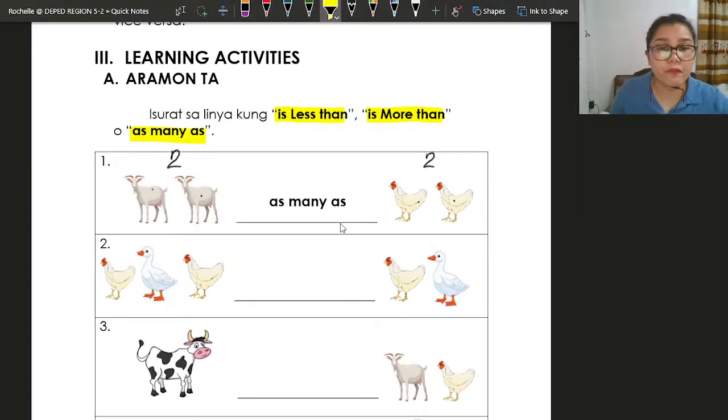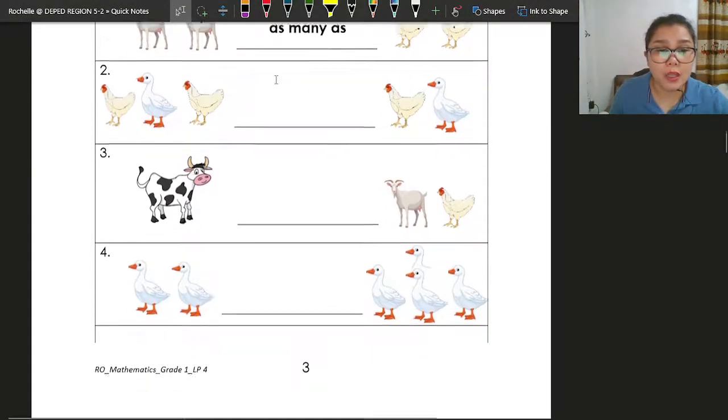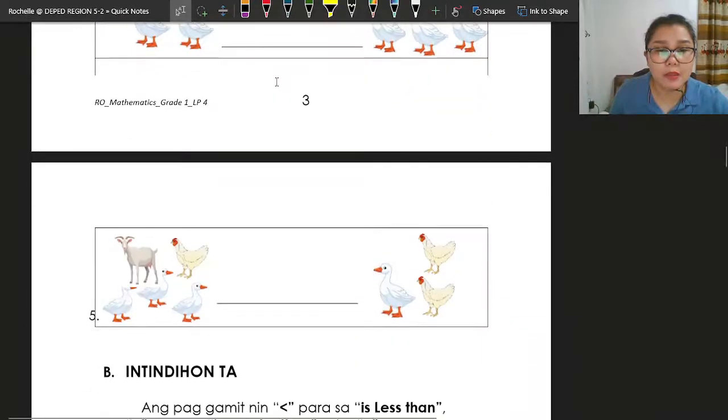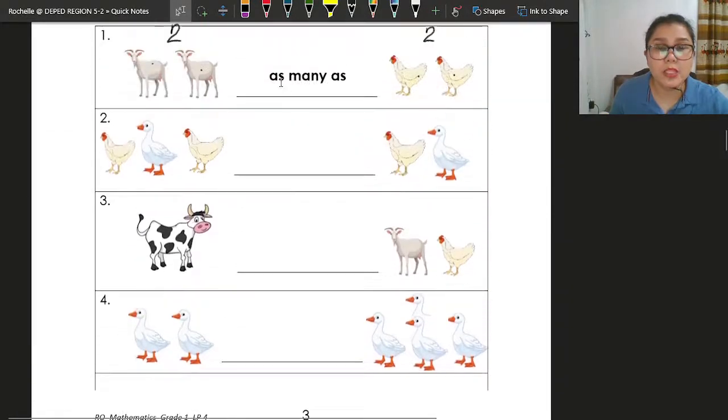So if the printout has no clear yan, especially yung path, yung duck na yan, hindi makikita siguro from the printout. So you can refer to this lesson video. Sabayan nyo na. So you look at the picture at the same time, you can answer it on your module.